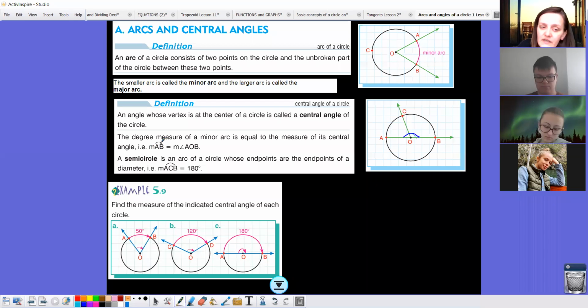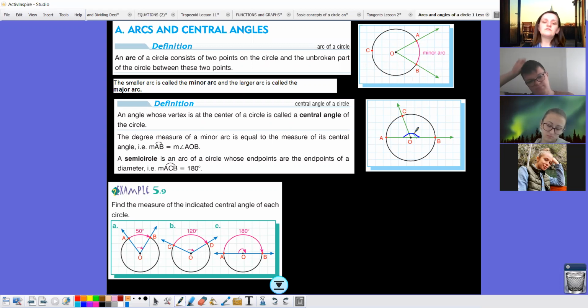So as you can see here, this line up shows that this is an arc, okay? So the measure of arc AB is equal to the measure of angle AOB. And this arc ACB is a semicircle, half of the circle.